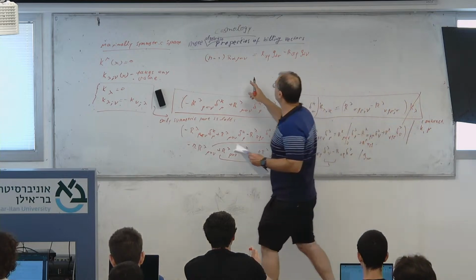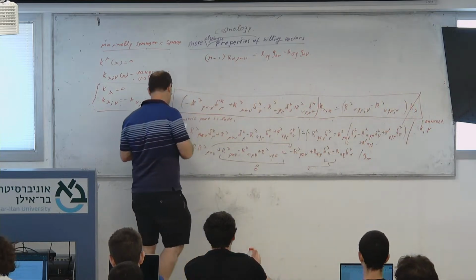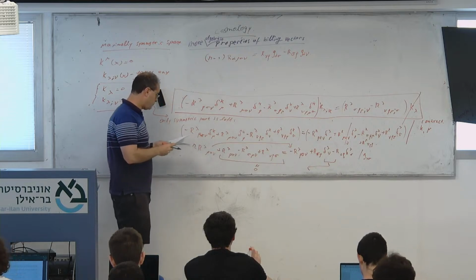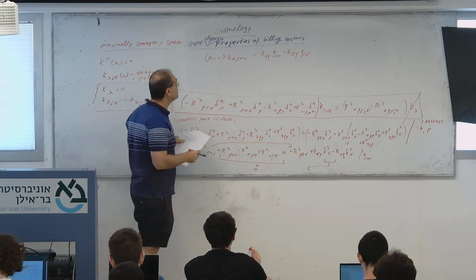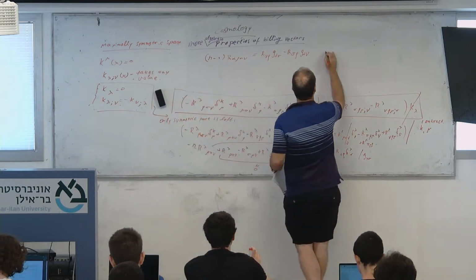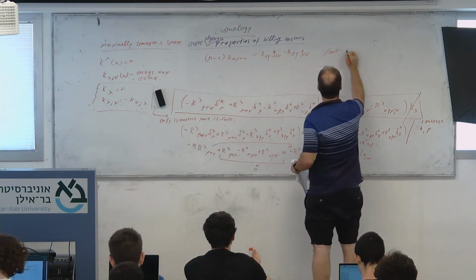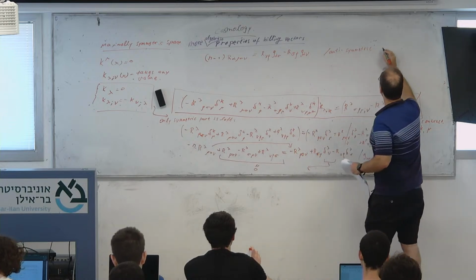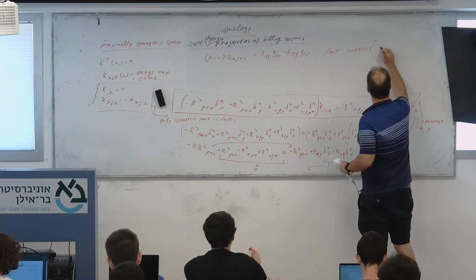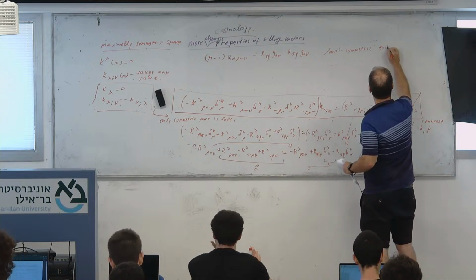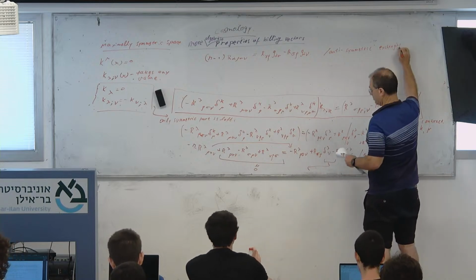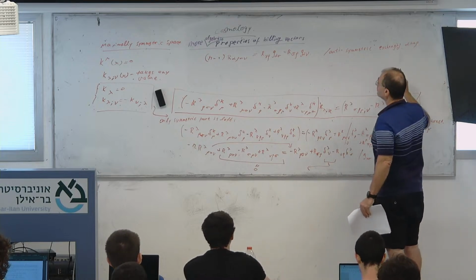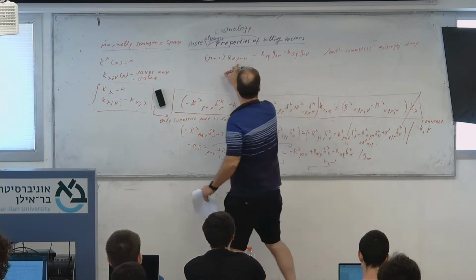Okay, now I use again the symmetry properties of the Riemann, which means that this has to be anti-symmetric on exchanging alpha and rho, right? Because of the Riemann.